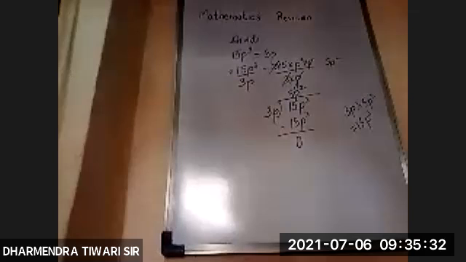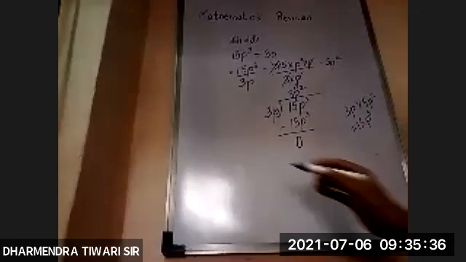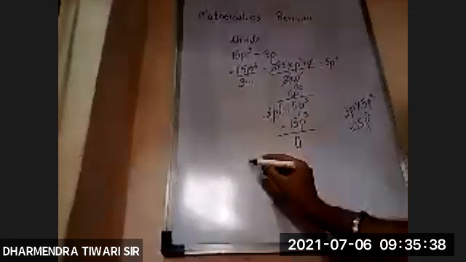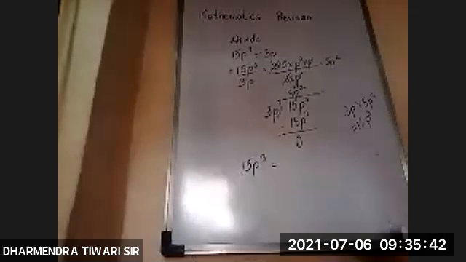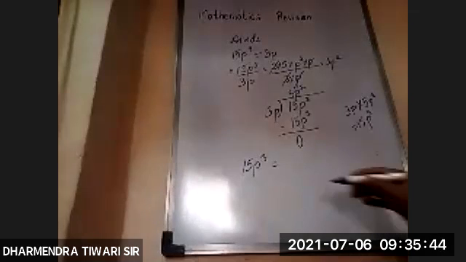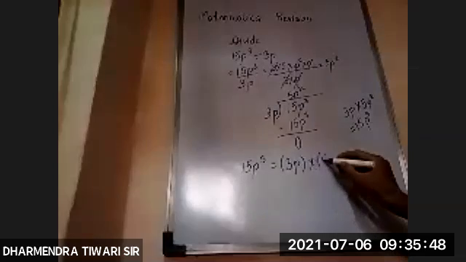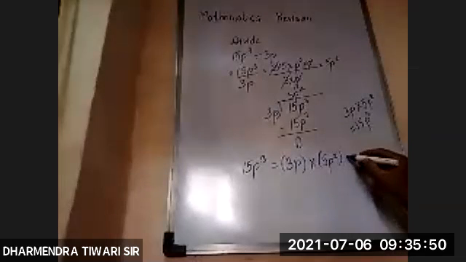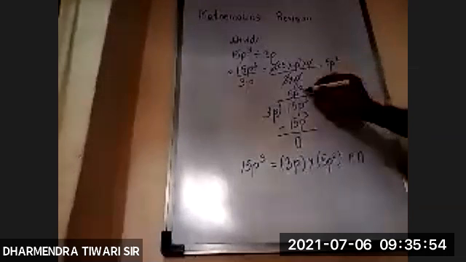So how can we express this? We can express this as dividend. Dividend is 15p cube. Divisor into quotient. Divisor is 3p. Quotient is 5p square plus remainder, and our remainder is 0. So this is our quotient.